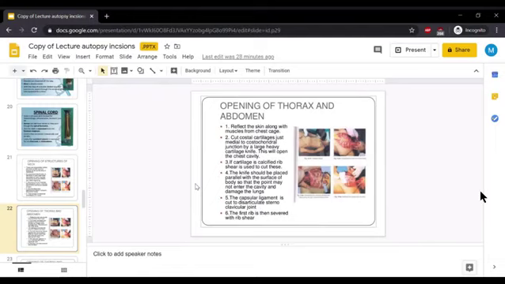In advanced age, if the cartilage is calcified, a rib shear is used to cut. The knife should be placed parallel to the surface of the body so that the point may not enter the cavity and damage the lung.